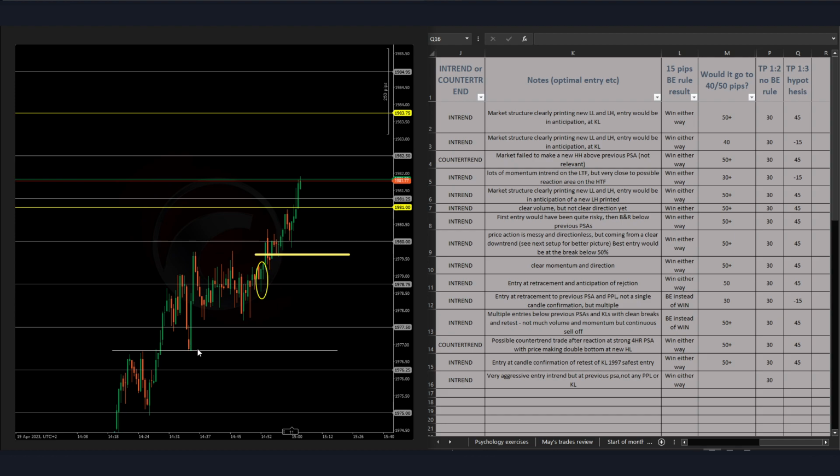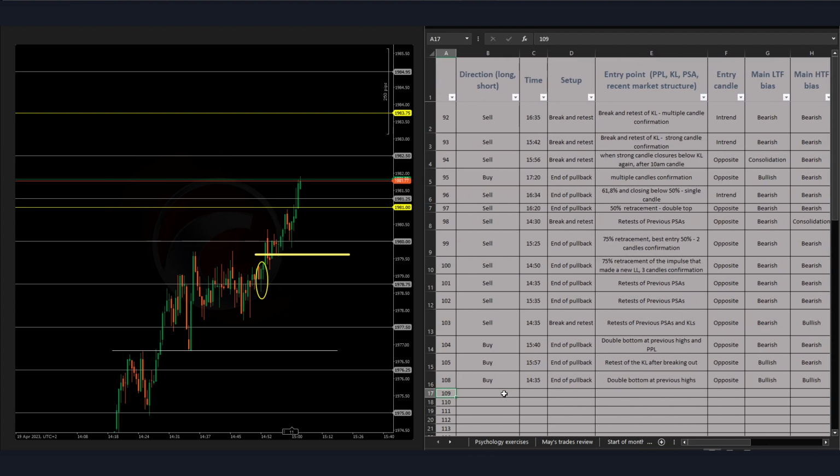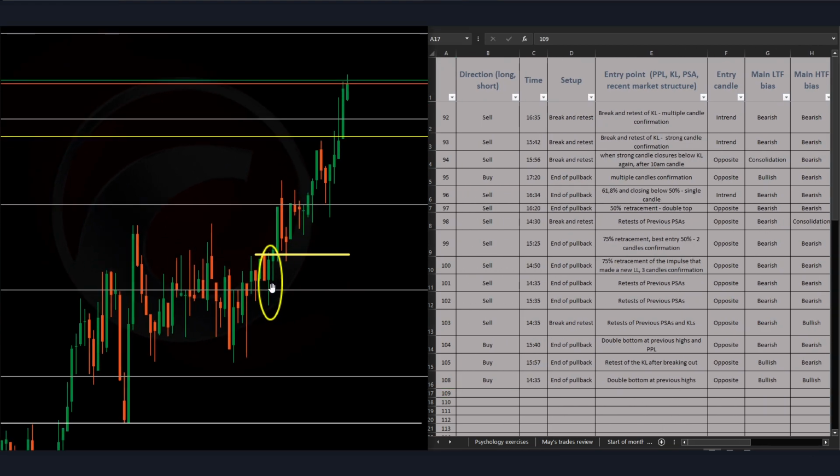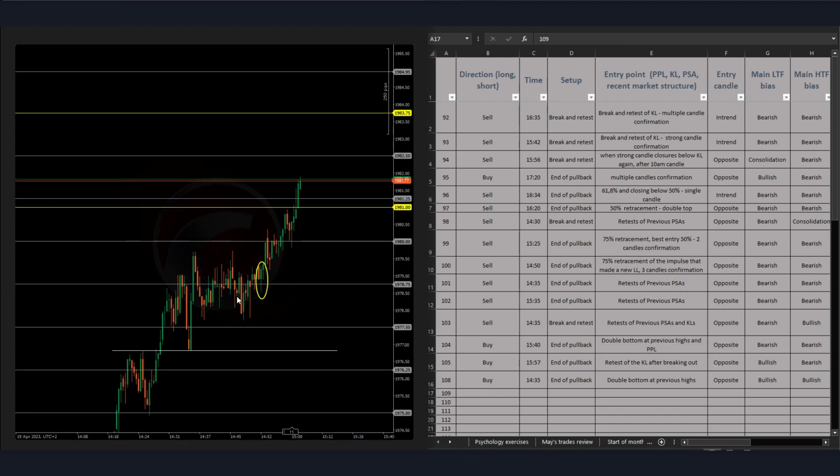So we can see that it goes from 1976.7, which was it, up to 81. So it's more than 45 pips. And I think it goes for 50 pips more. Here, I don't really like it. It's just what I had the idea for this setup, because the price action is very choppy.